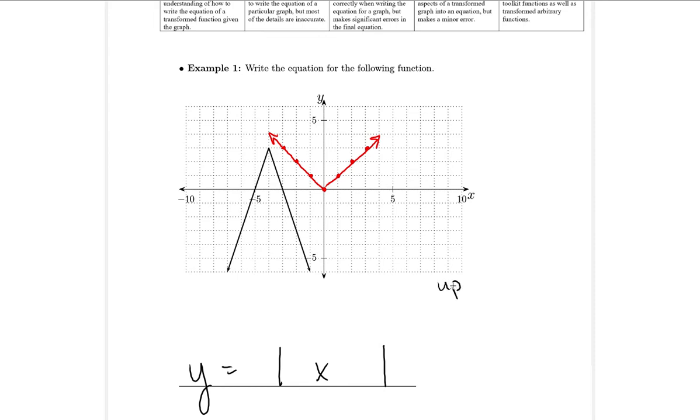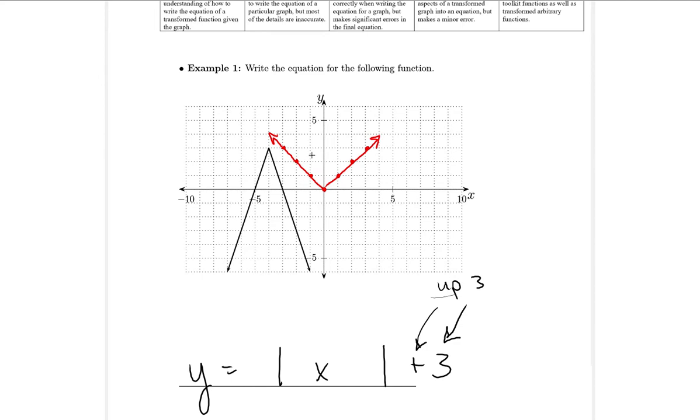If we go up 3, that is indicated by plus 3 outside of the function, because we're talking about the y values. Since we're going up, we put a plus sign, because vertical shifts are exactly like we would expect: plus means up, minus means down.